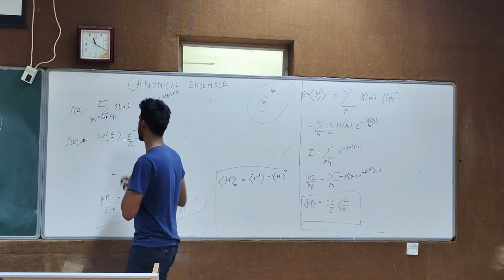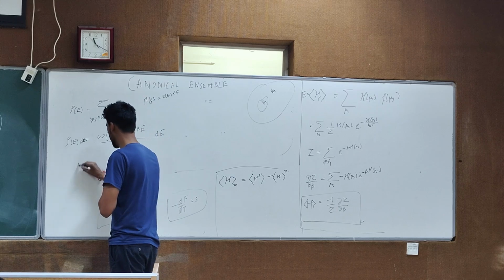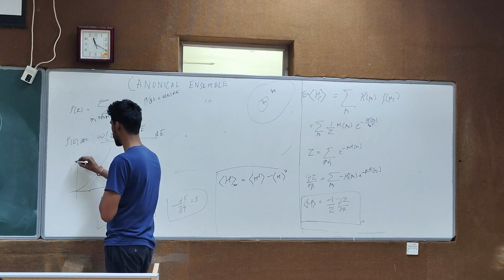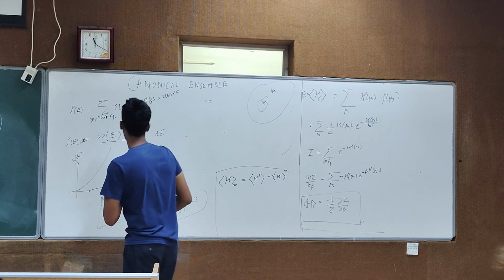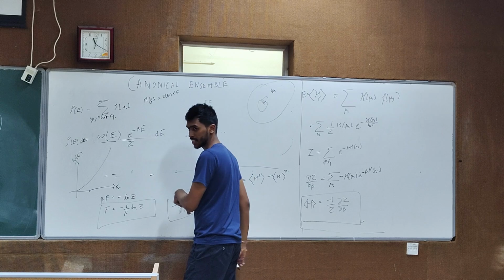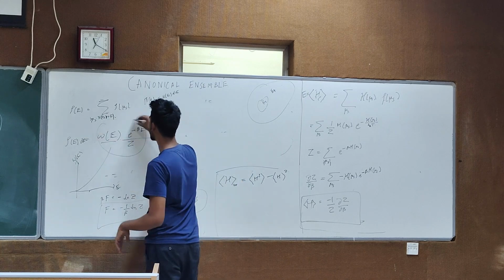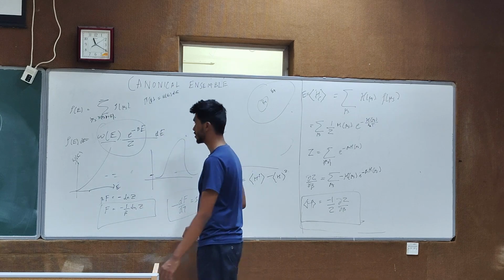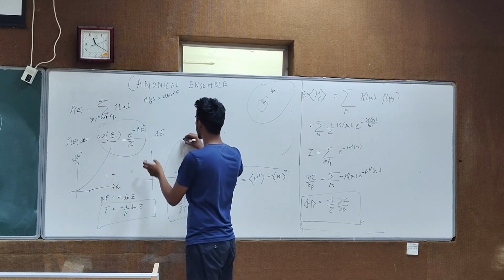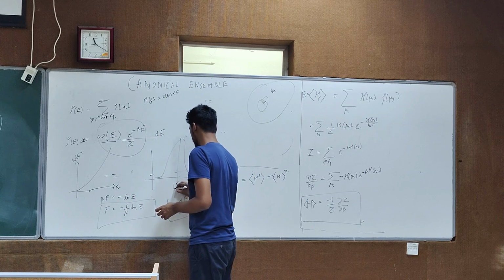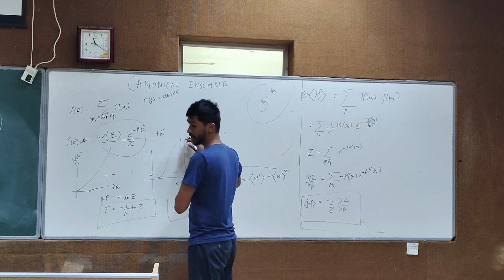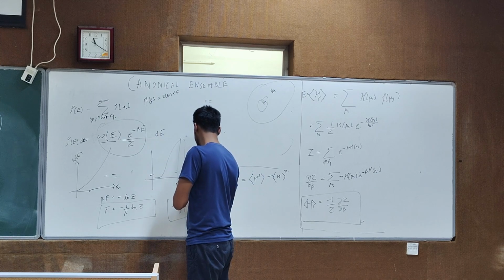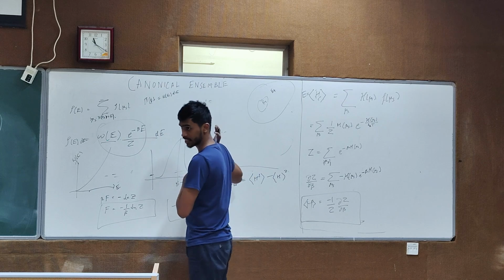This omega E increases with E, and this exponential decreases with E. The total function shows that there is some peak, and wherever this peak is, it would tend to the average energy as your n increases.